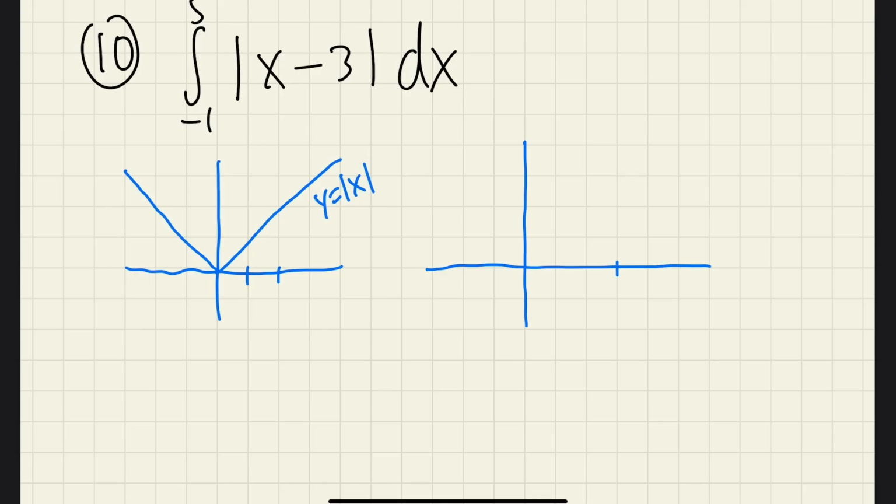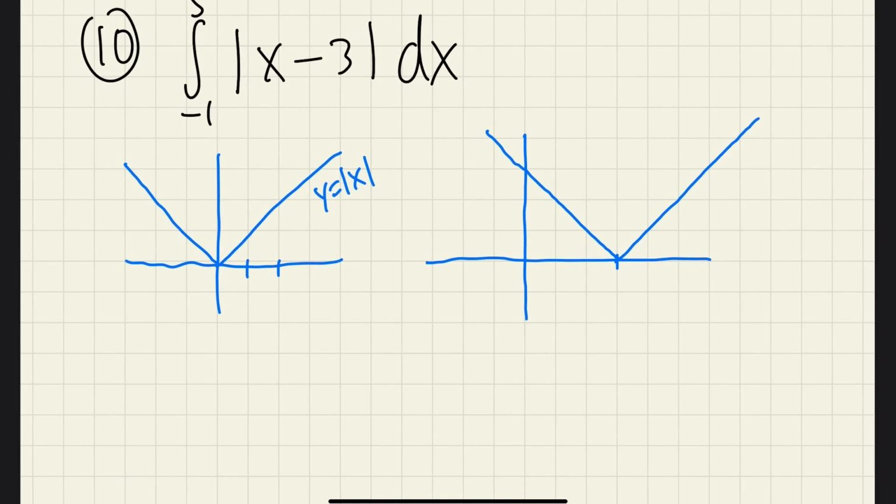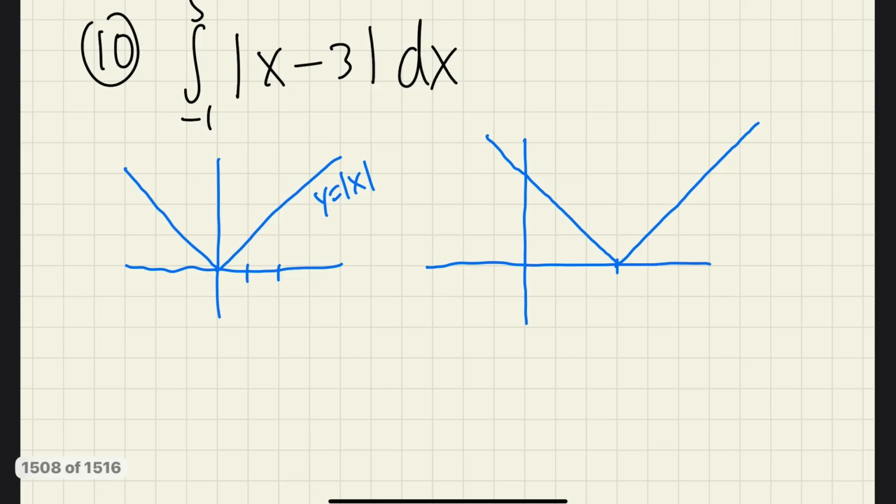So the vertex is right here, and then you still have the V shape like this. It's a 45 degree diagonal, and this one right here should also be 45 degrees because the slope is 1. Okay, so this is y equals absolute value of x minus 3. We moved it to the right 3 units.